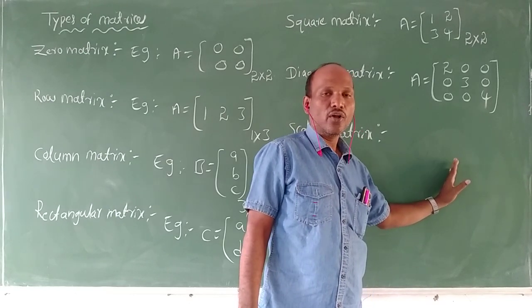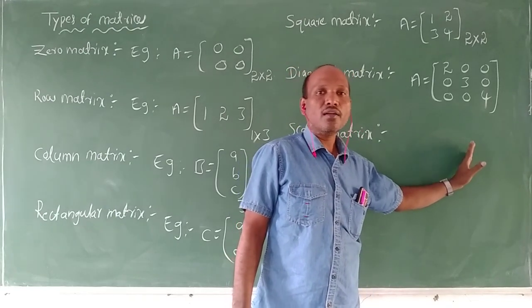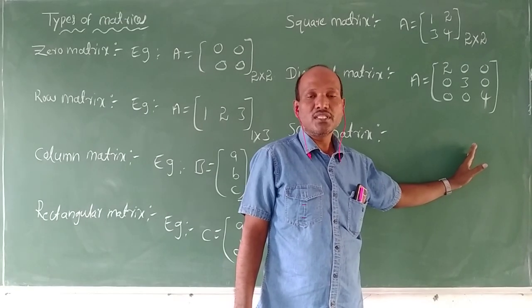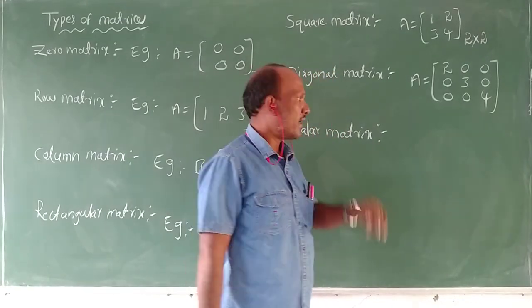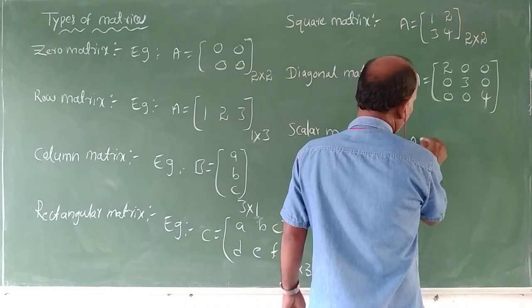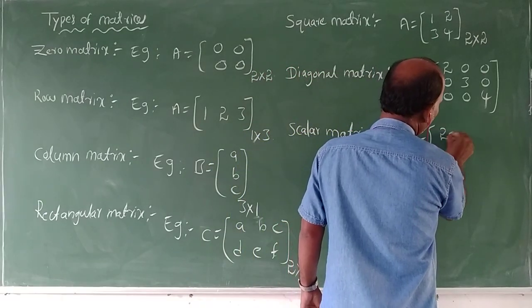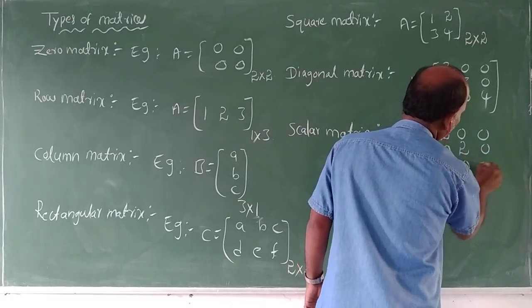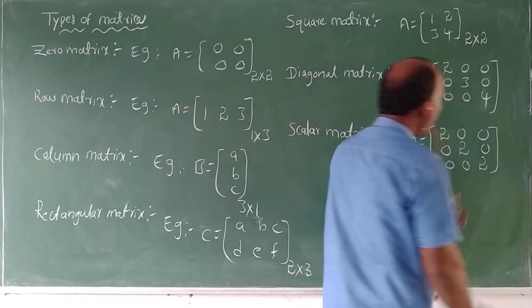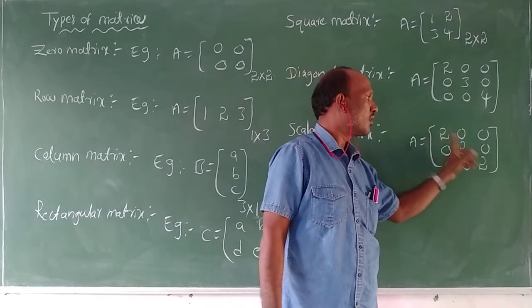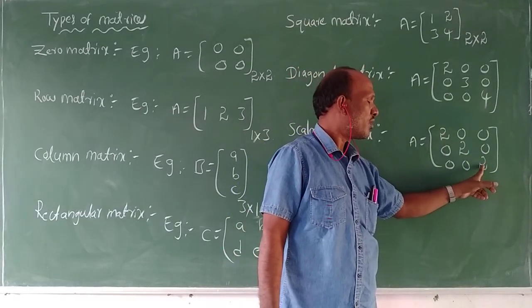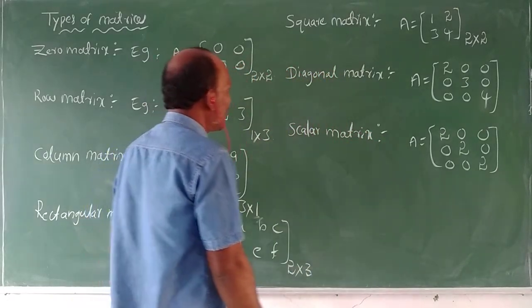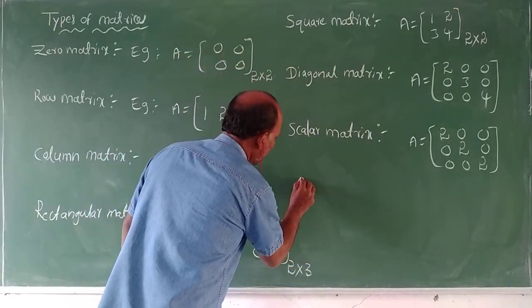It is called scalar matrix. Capital A equal to 2 0 0, 0 2 0, 0 0 2. Diagonal elements are same or equal. Is called scalar matrix.